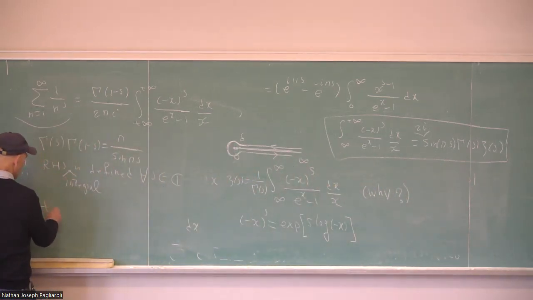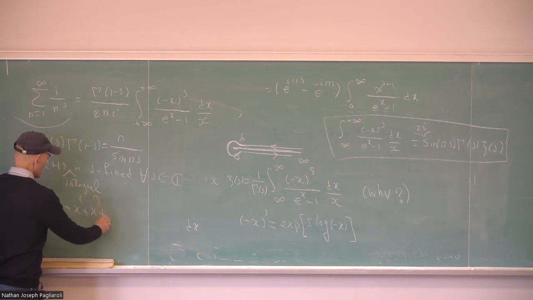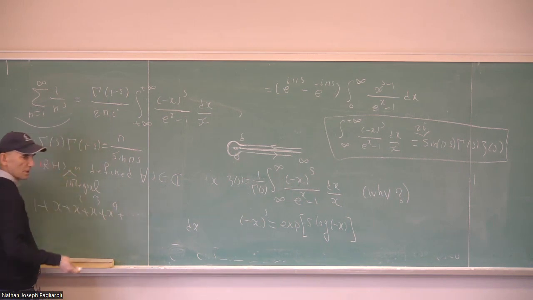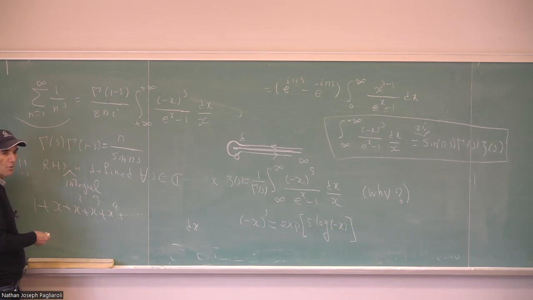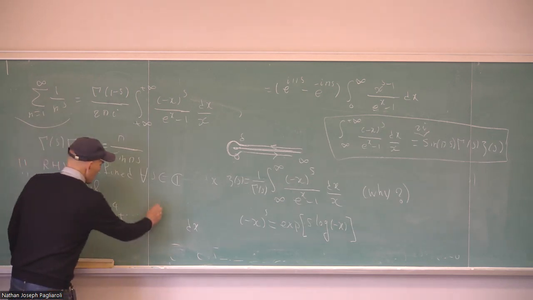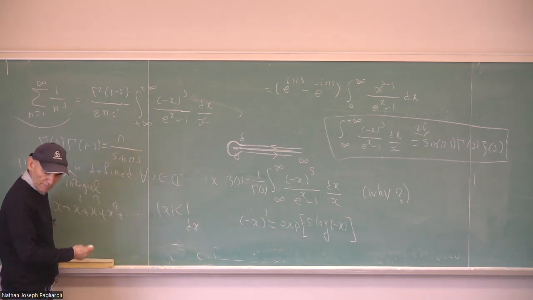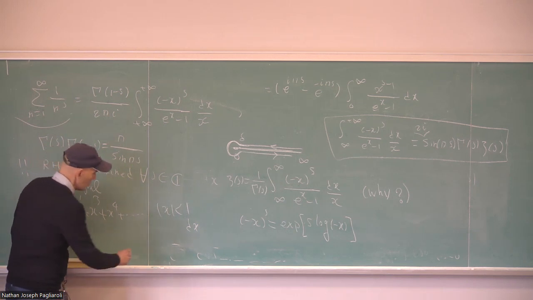What about this? 1 plus x plus x squared plus x cubed plus x to the fourth. Imagine someone gives you this function and you didn't know what this function is. Well, we know that this is convergent for absolute value of x less than 1, and it's divergent for absolute value of x bigger than 1, right?